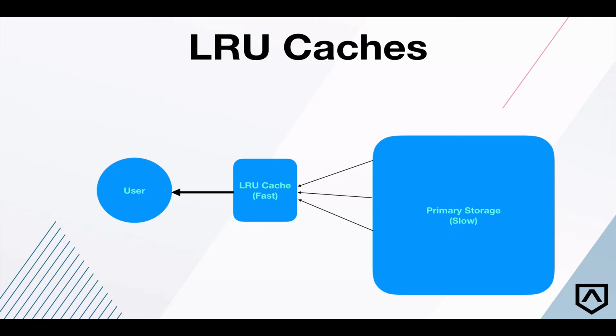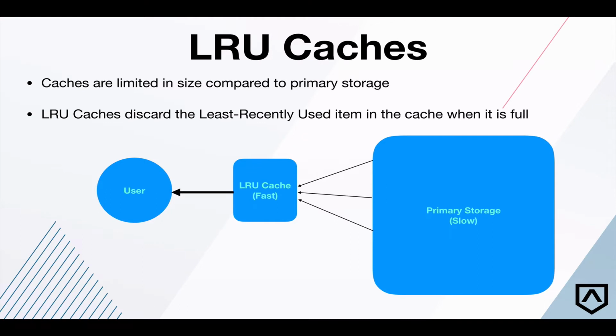So how does this work? Like we mentioned, caches are limited size compared to primary storage. This means we have to decide harshly at some point what data we are going to discard from the cache. We cannot cache it all. There's simply too much in primary storage to store in our cache. So we have to have some strategy that we use to remove items from the cache, hopefully ones that we don't need in the future very often.